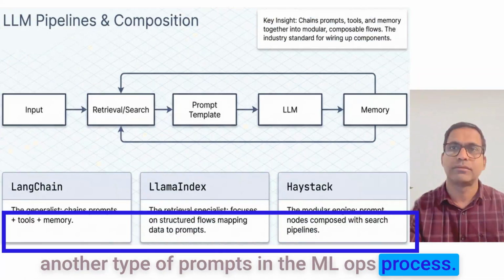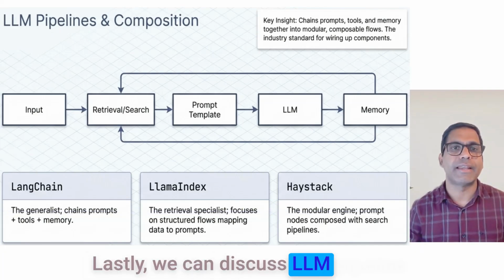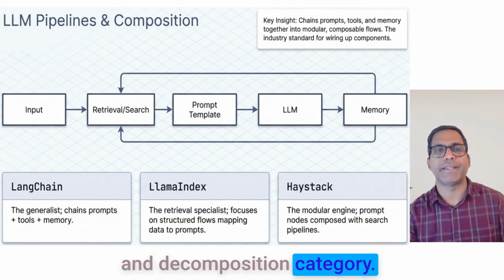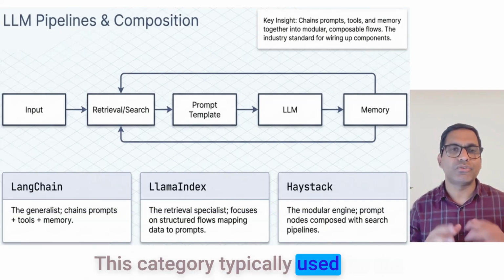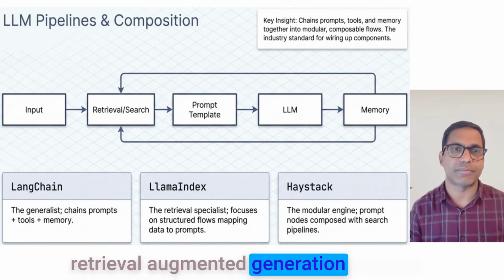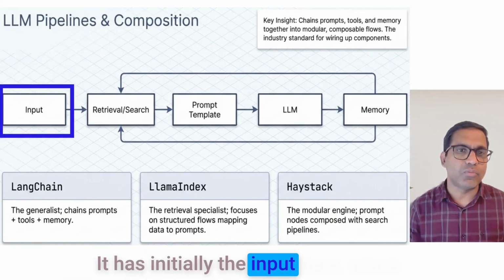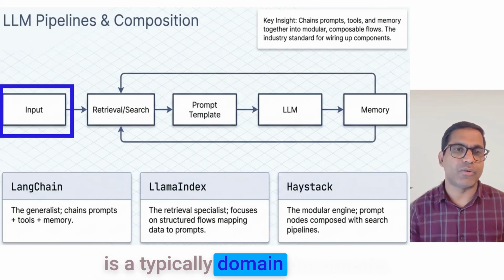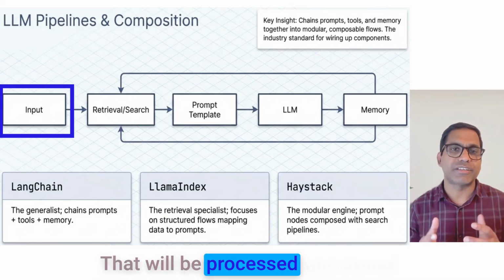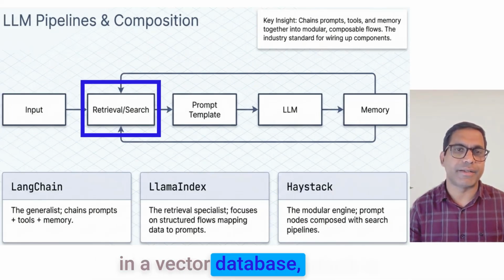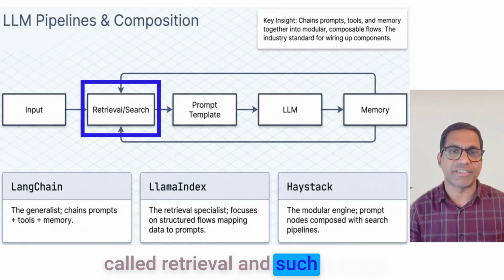Lastly, we can discuss the LLM pipeline and decomposition category. This category is typically used for the retrieval augmented generation process. It has various stages. Initially there is the input data, which is typically domain documents that will be processed and stored in a vector database, which is called the retrieval and search stage.